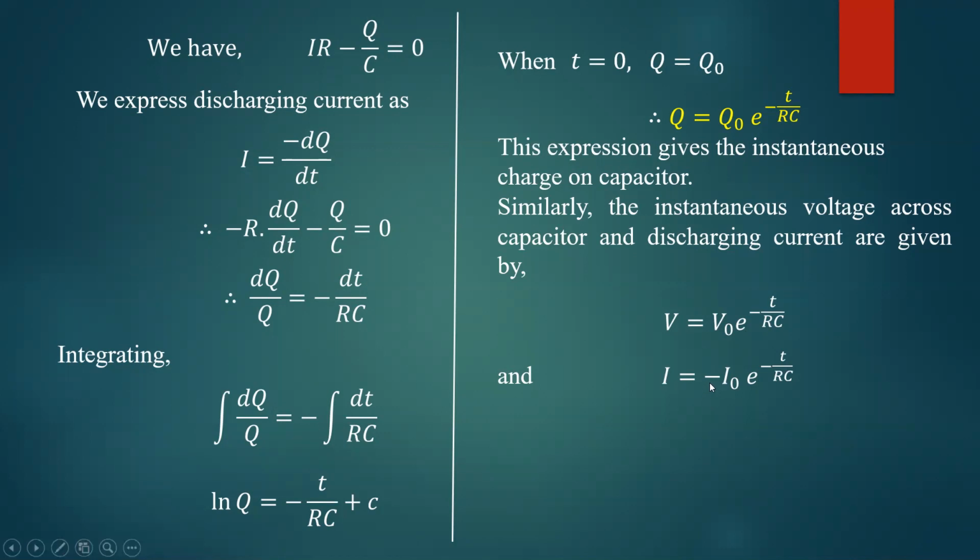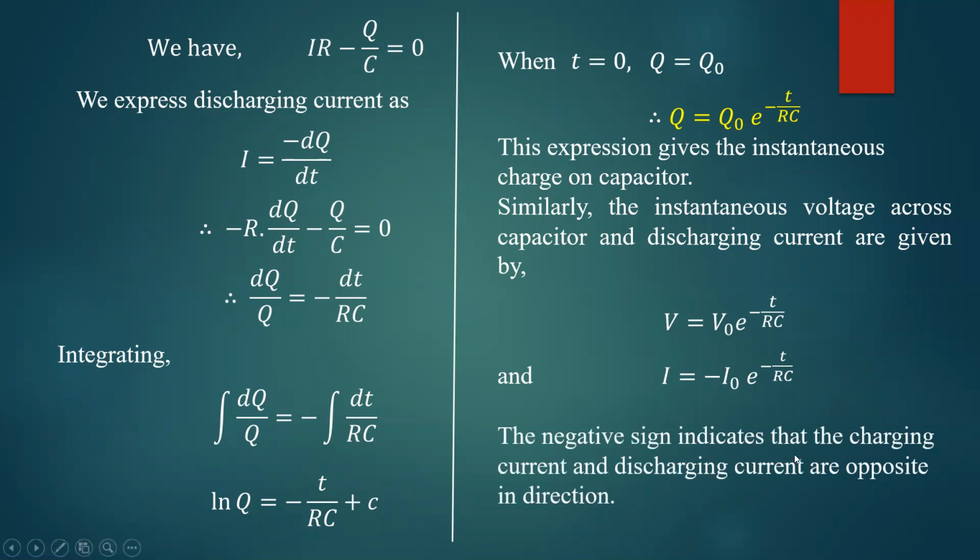The negative sign indicates that the discharging current is opposite in direction to the charging current. That's why the negative sign is considered here. These three equations are derived for the discharging case. This is also important.